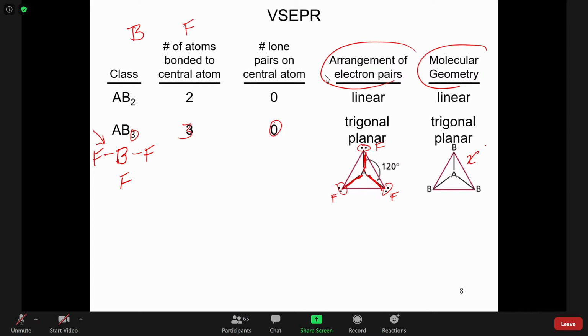And again, notice for every example that we've given so far, the arrangement of the electron pairs, or something called the electron pair geometry, is another way this is identified, and the molecular geometry are the same. This is not always true.